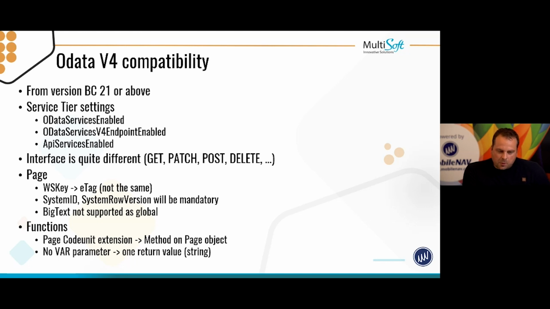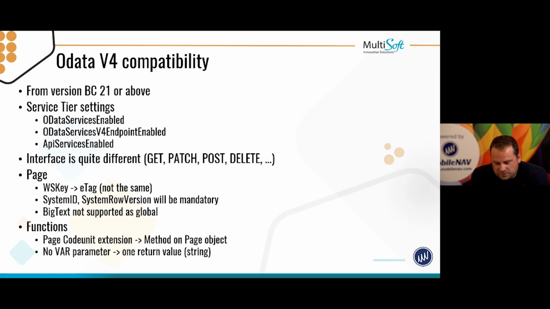OData will be supported from Business Central 21 or above, and that was because of one of the mandatory things, which is the system ID and system row version fields on the pages, because that is very simple from BC 21 to put the system row version onto the page.